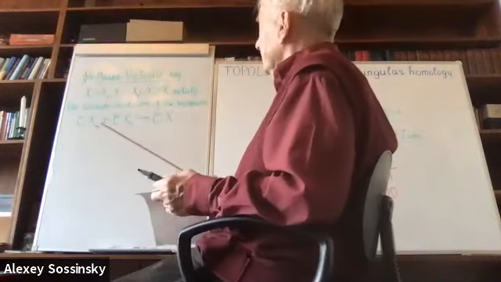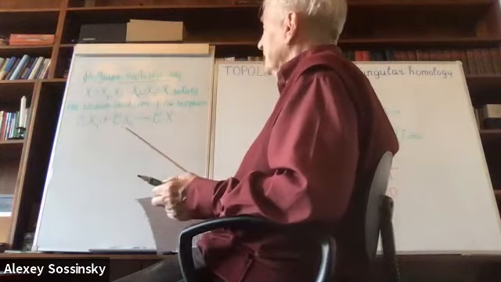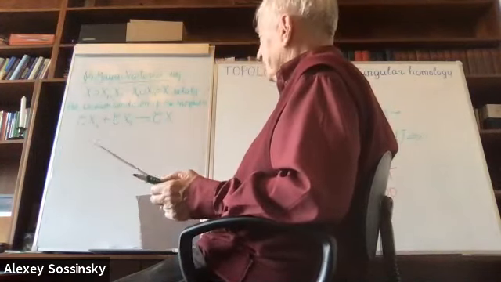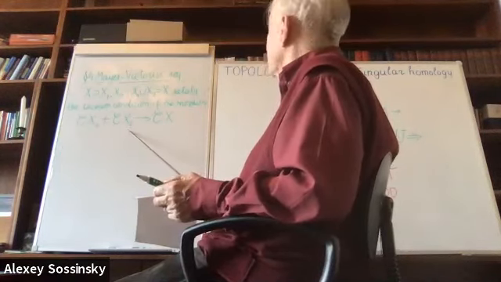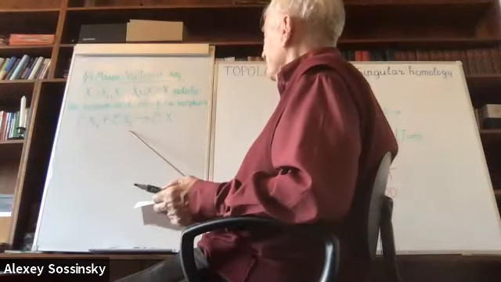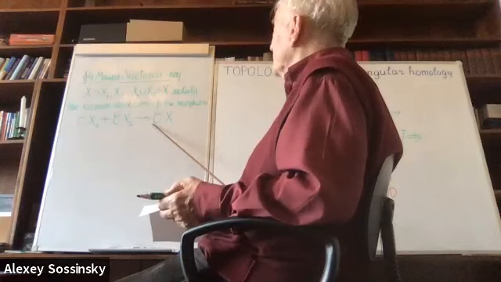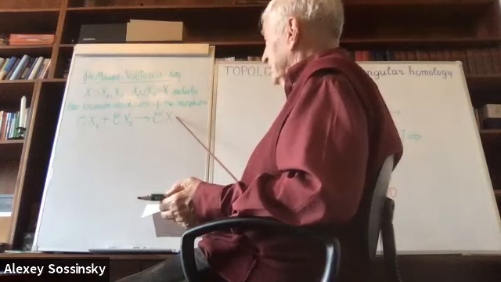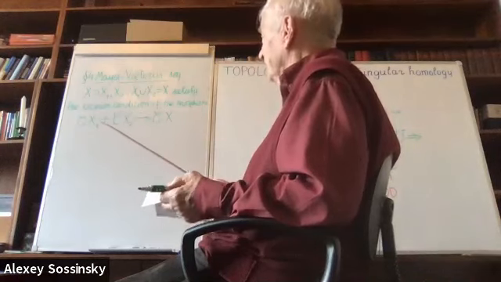What is an element of this? It is a chain which consists of certain simplices of X1 and certain simplices of X2. It is naturally mapped to the corresponding chain in X. This mapping is essentially the identity. It's just the same chain.